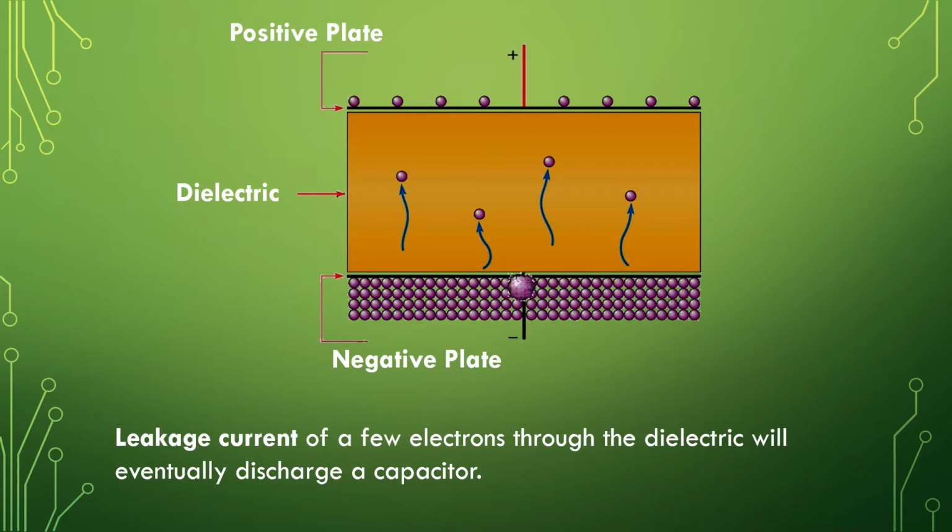How much current gets through depends on the quality of the dielectric material itself. We call this leakage current, where a few electrons will sneak through the dielectric insulator. This may take days or weeks for a capacitor to self-discharge.